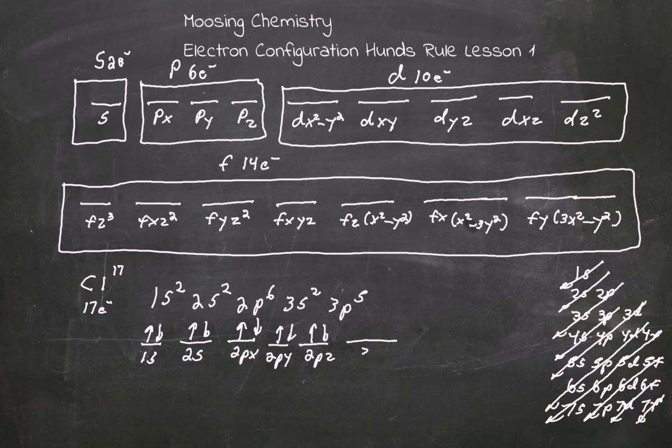Our 3s is going to be up and down. Then we're going to have 3px, 3py, and then 3pz. So we're going to go 1, 2, 3, 4, 5. And that is the orbital notation, which I call ON, for the element chlorine. And this one we call the EC, the electron configuration for chlorine.